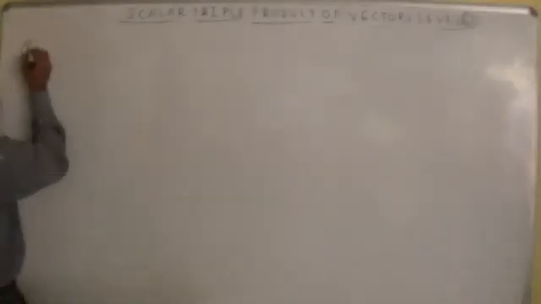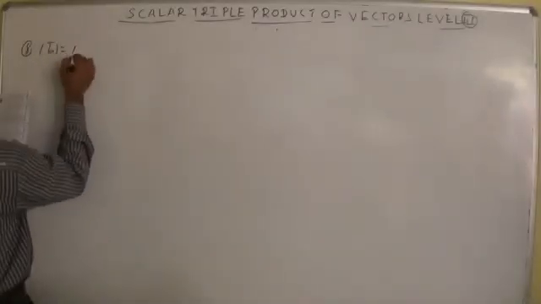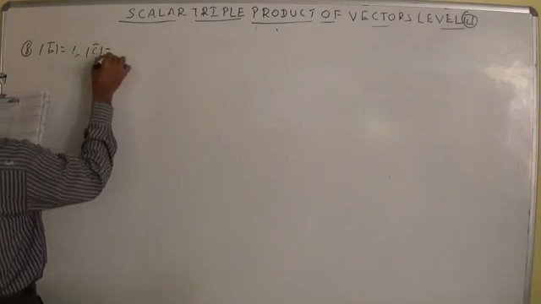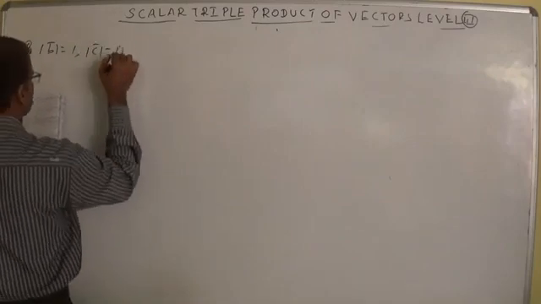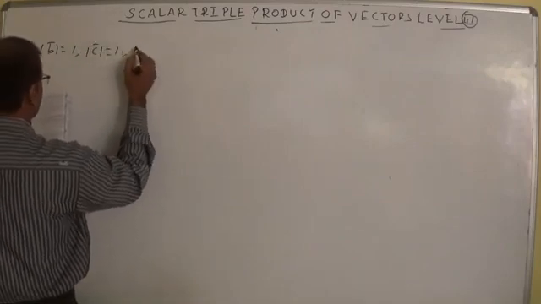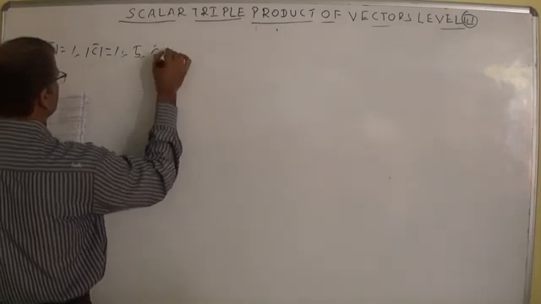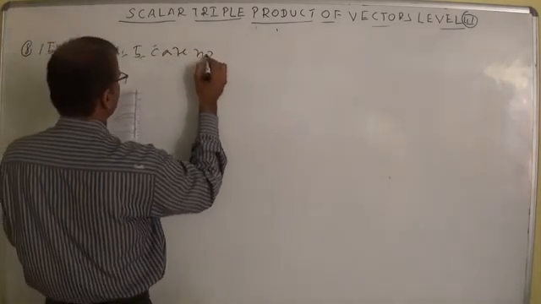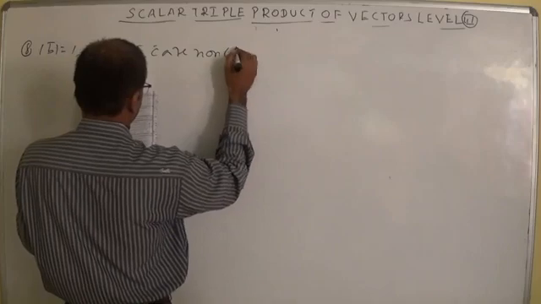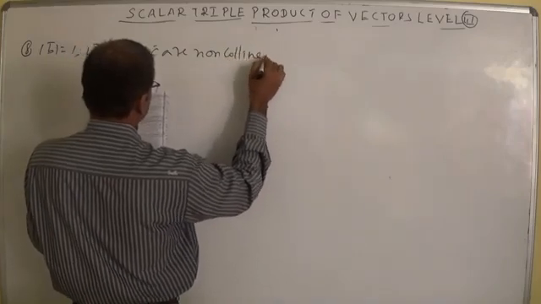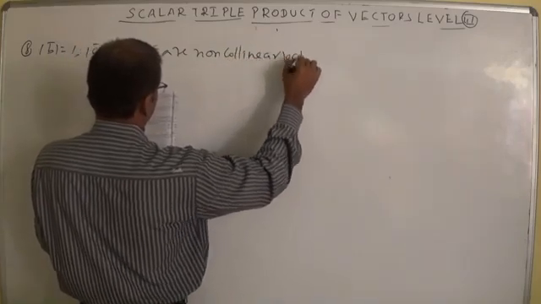B bar, C bar are any two non-collinear unit vectors. So mod B is equal to 1, mod C is equal to 1. Here he said that B bar, C bar are non-collinear vectors.